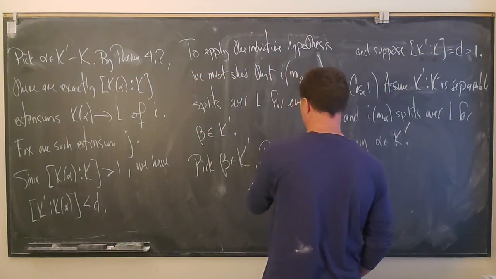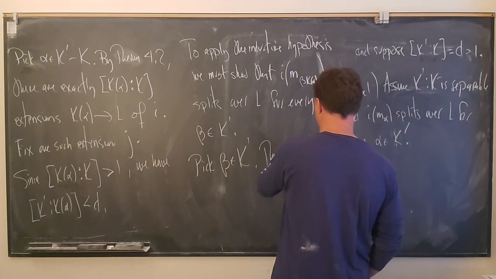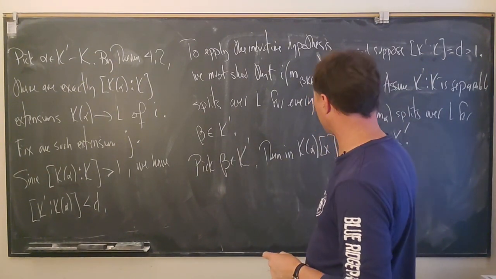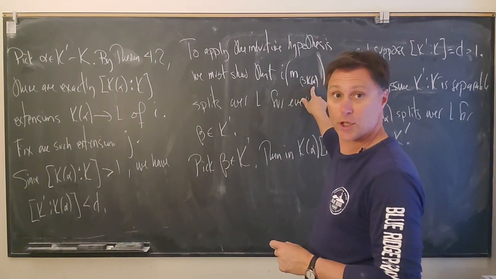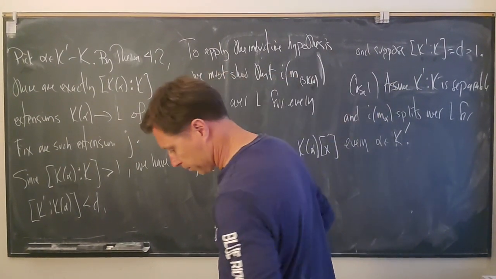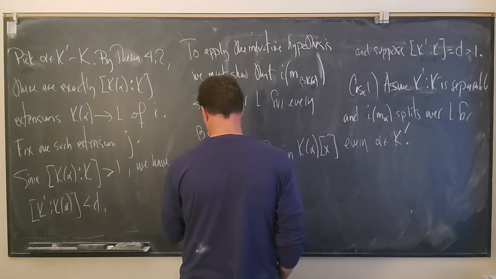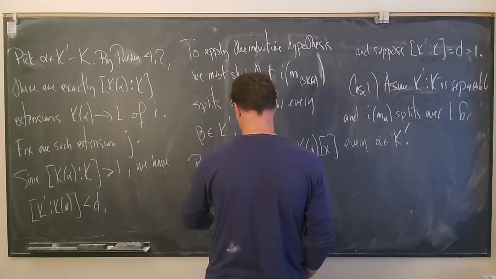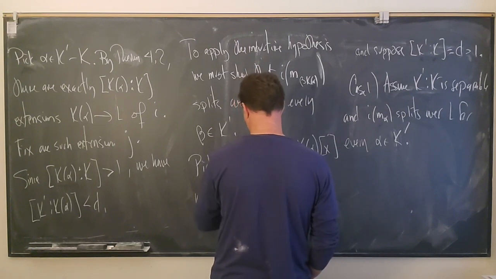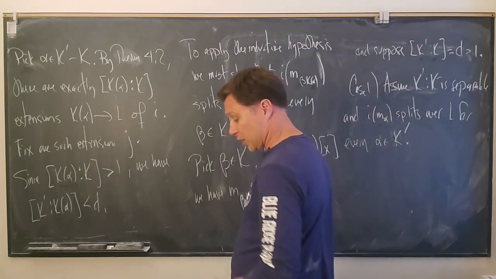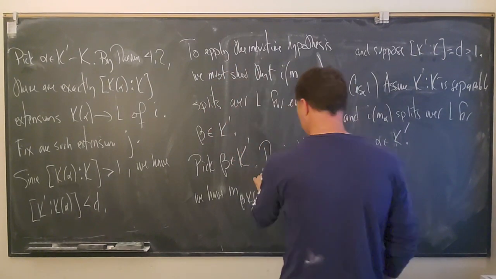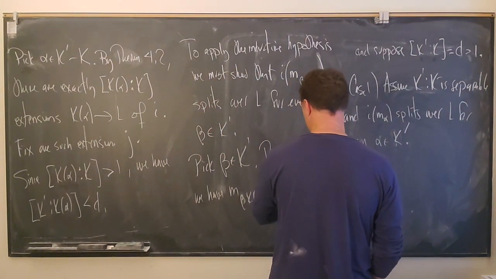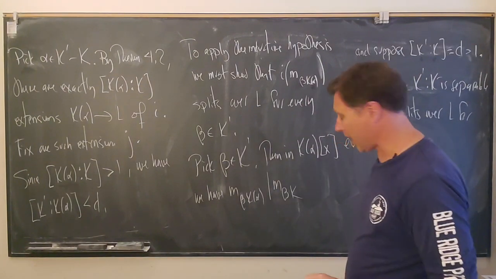Then in k adjoin alpha bracket x, right? So we're going to be working with polynomials whose coefficients are in k adjoin alpha. We have that the minimal polynomial of beta with respect to k adjoin alpha divides the minimal polynomial of beta relative to k.